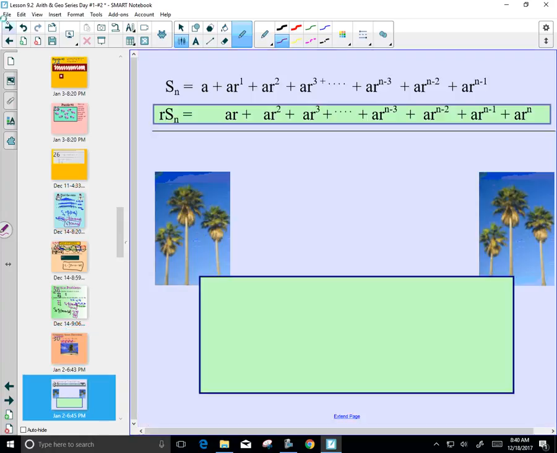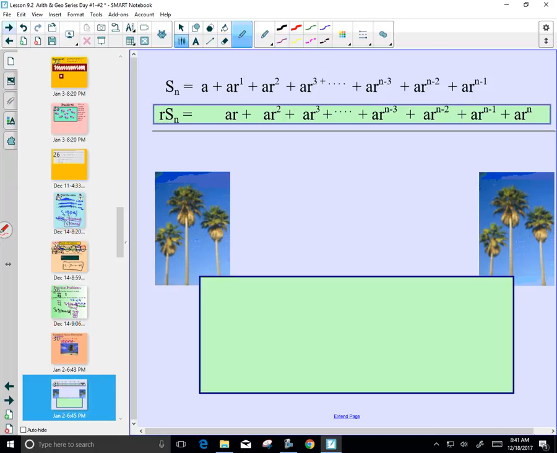This one I want you to follow me with, all right? So find this slide. The sum of these, a plus ar plus ar squared plus ar cubed, this is like 2 plus 4 plus 8. We're multiplying the first term 2 by 2 to get 4, by 2 squared to get 8, and so on, right?